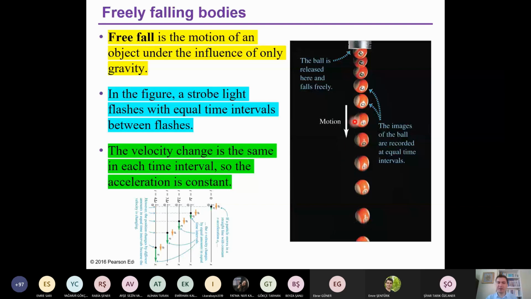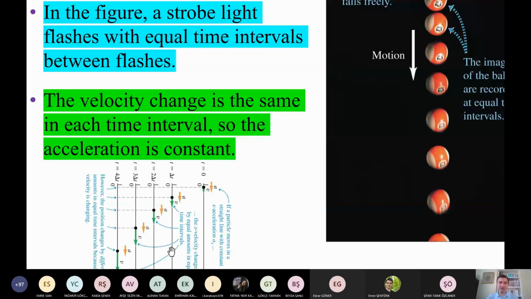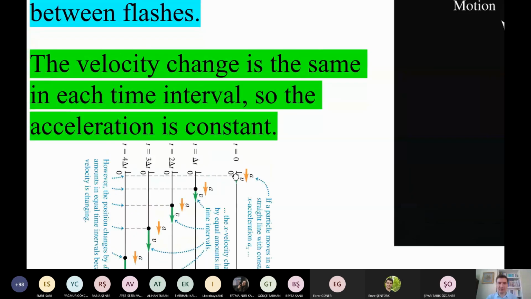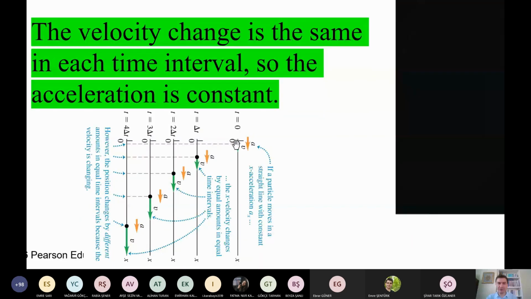So the mechanism is the same as I have discussed in the motion with constant acceleration. Remember this figure: this was the x-axis, the positive x direction, this is the zero initial position, and here we have a certain velocity and we have constant acceleration. So for equal time intervals, you record the position of the particle x.